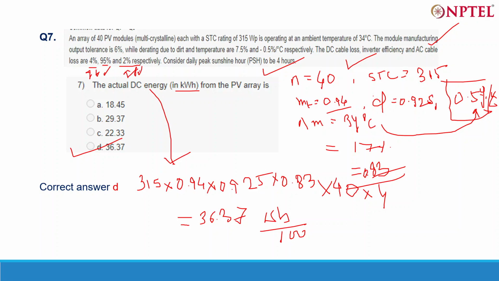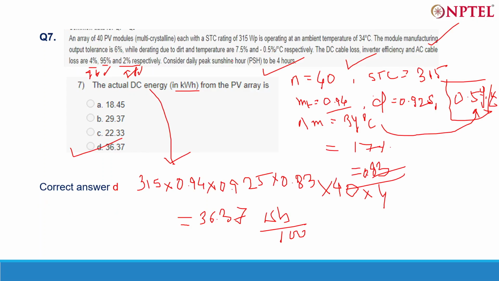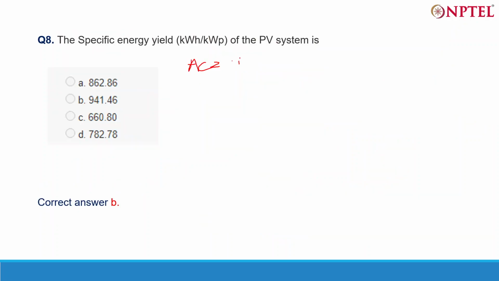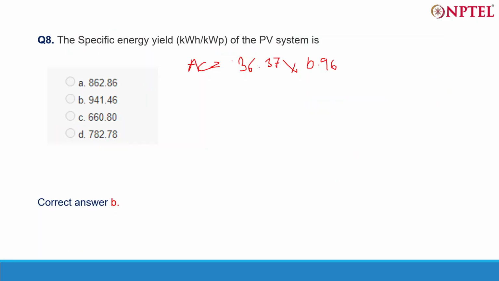If you calculate the actual AC power, it will be this DC power 36.37 into 0.96 into 0.98 into 0.95.